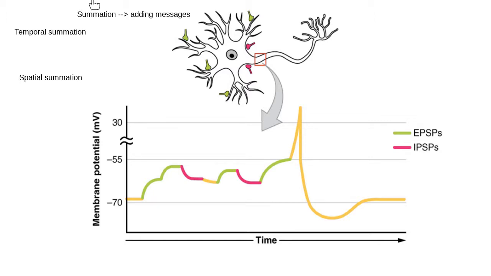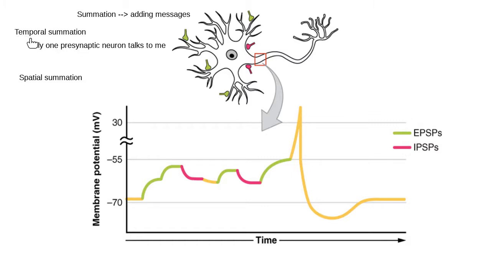Yeah, so in temporal summation, using some of our words from earlier in the lesson, only one presynaptic neuron talks to me. That neuron is sending me lots of messages over a period of time.